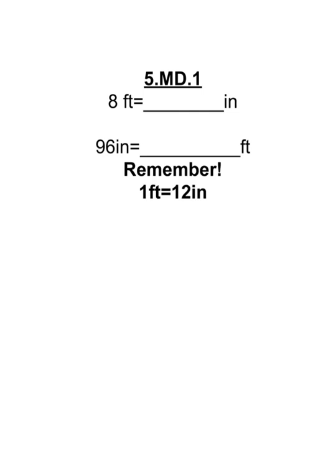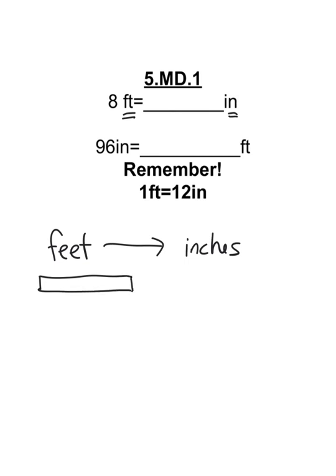Moving right along, here is our measurement problem. Now we are moving from feet to inches. Now remember, a foot is, think of like a ruler that has 12 inches on it.